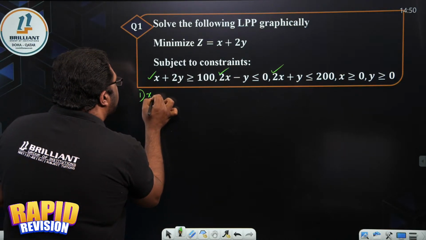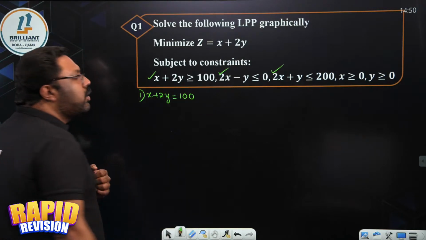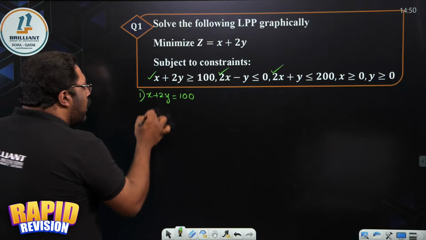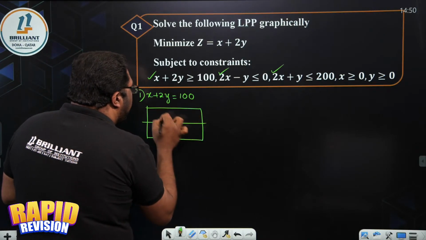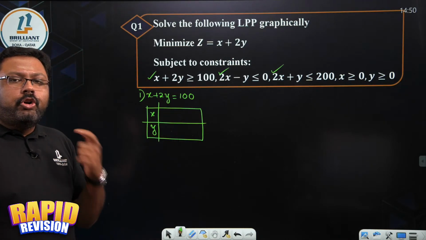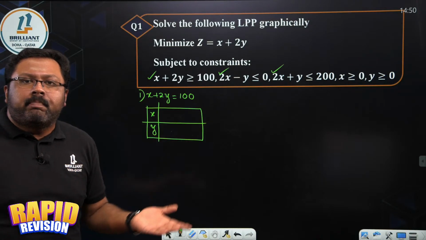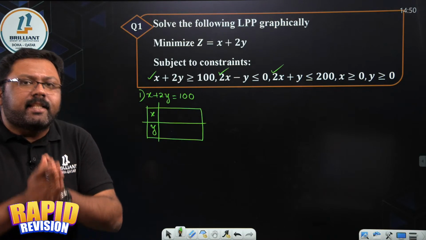The first equation is, forget about the inequality, x plus 2y is equal to 100. Now, to draw the line, you might have been taught many methods in school, but please, this is the most suitable one. Do not go in search of random points. Go in search of points on the axis.